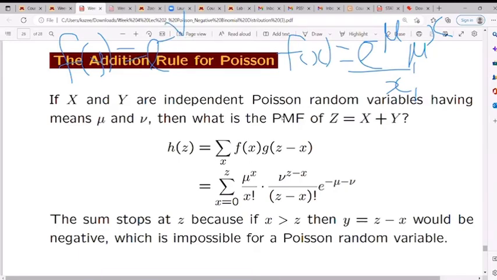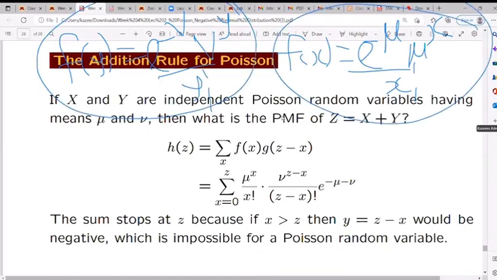The two of them don't have the same mu, I wanted to take note of that. This is a Poisson for y, this is a Poisson for x. For x, the parameter is mu, and for y, the parameter is v.